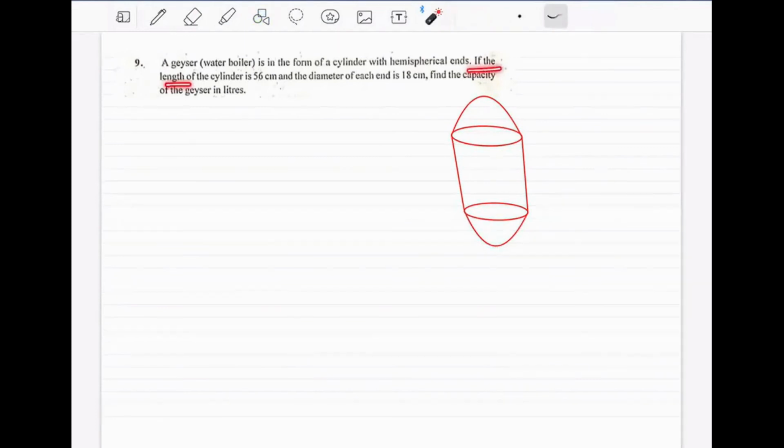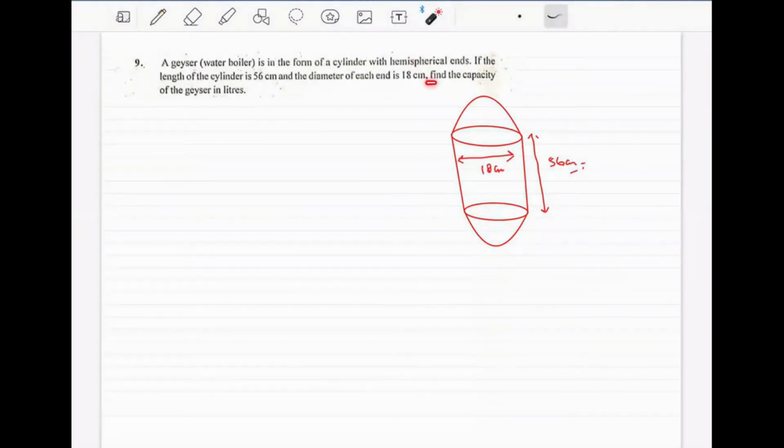The length of the cylinder, this portion right here, is 56 centimeter. The diameter of each end is 18. This part is 18, this part is also 18. This portion right here is 56. The diameter right here is 18.